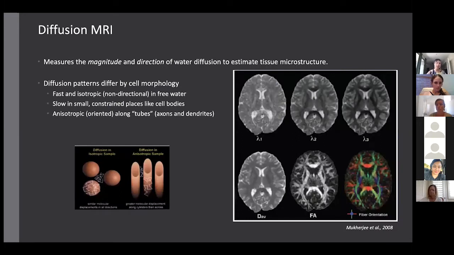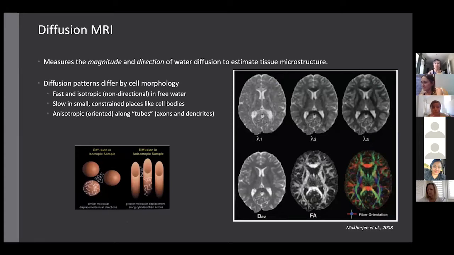Some of you may be familiar with the technique diffusion tensor imaging, which is the most common form of diffusion MRI. But basically, diffusion MRI measures the magnitude and the direction of water diffusion, which allows us to estimate different parameters of tissue microstructure. This is possible because diffusion patterns differ according to cell morphology.